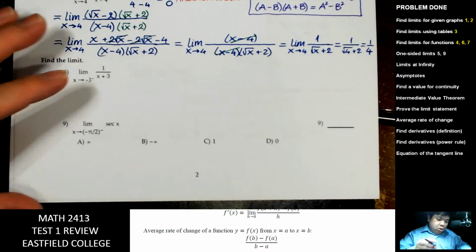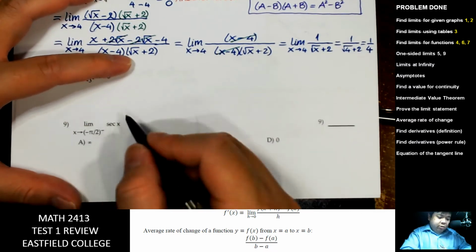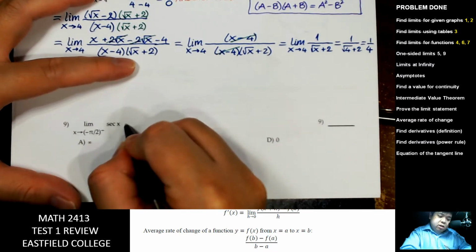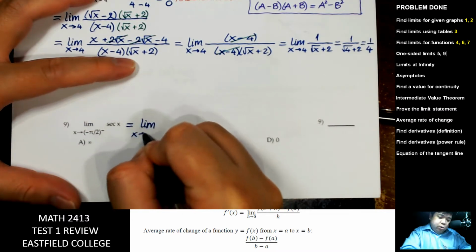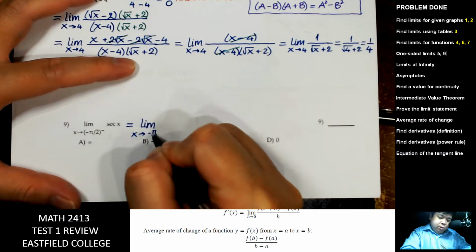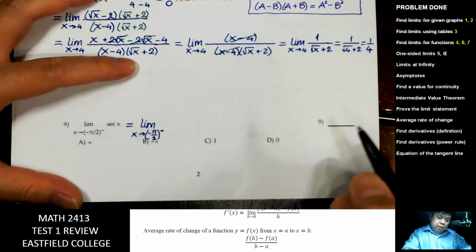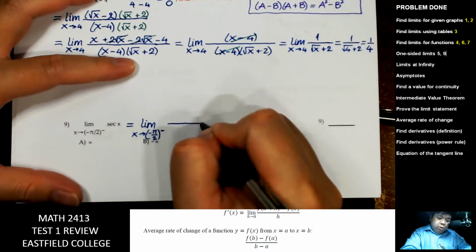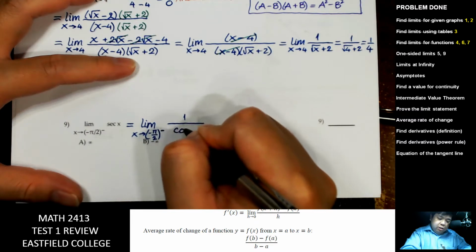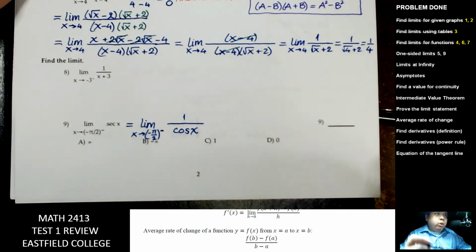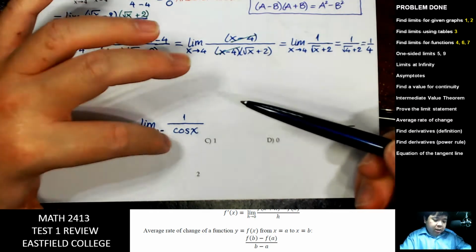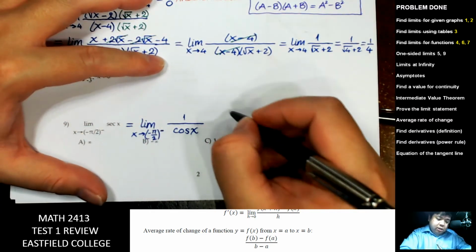Right. So of course when we evaluate, the first thing is we substitute in, but let's just rewrite: x goes to negative pi over 2 from the left. Secant is 1 over cosine. Right. Now we evaluate. We're going to put negative pi over 2 into it.